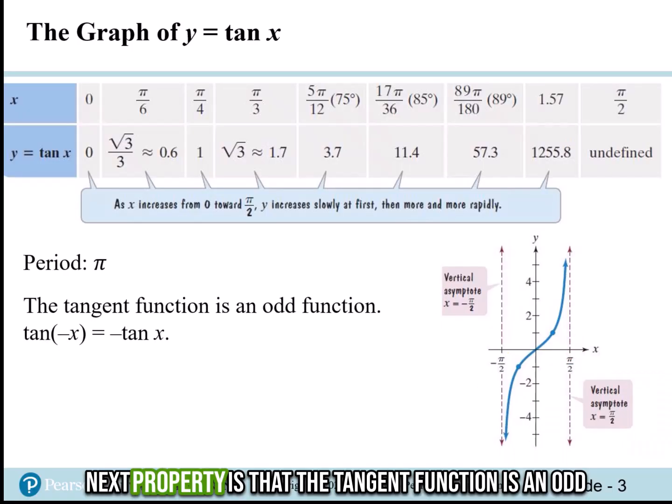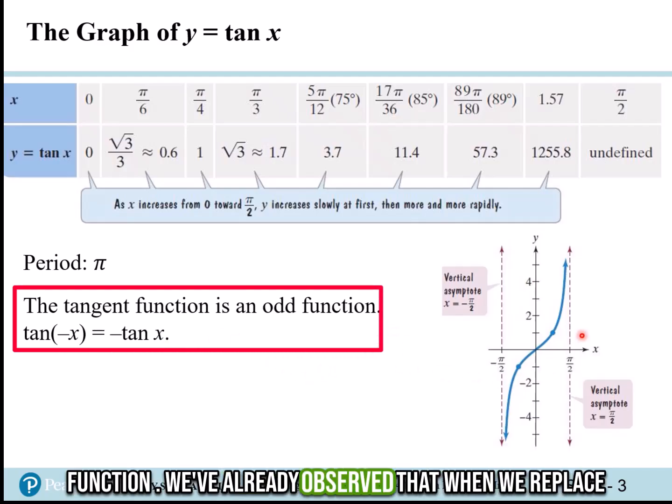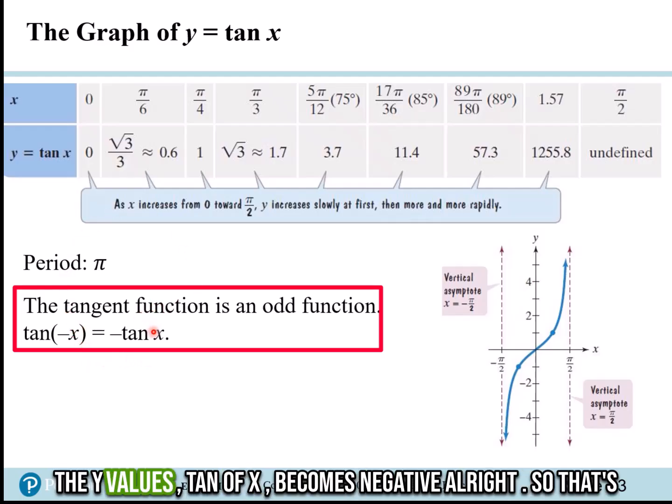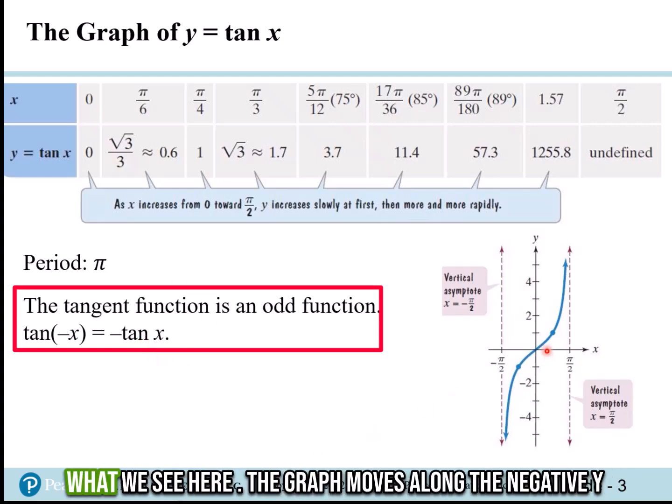The next property is that the tangent function is an odd function. We've already observed that when we replace the x values by its corresponding negative values, then the y values, tan of x, become negative. So that's what we see here. The graph moves along the negative y axis.